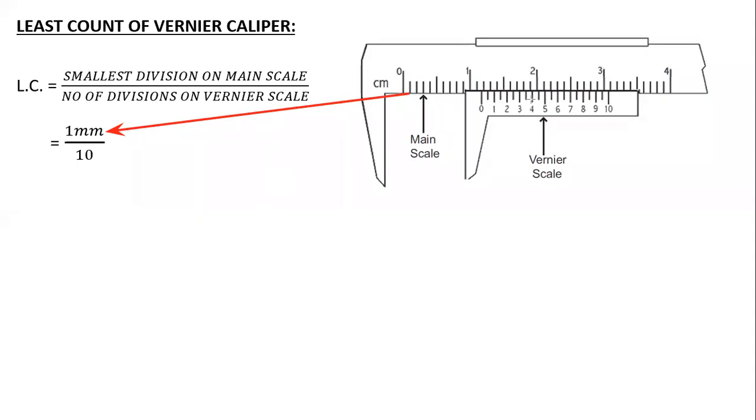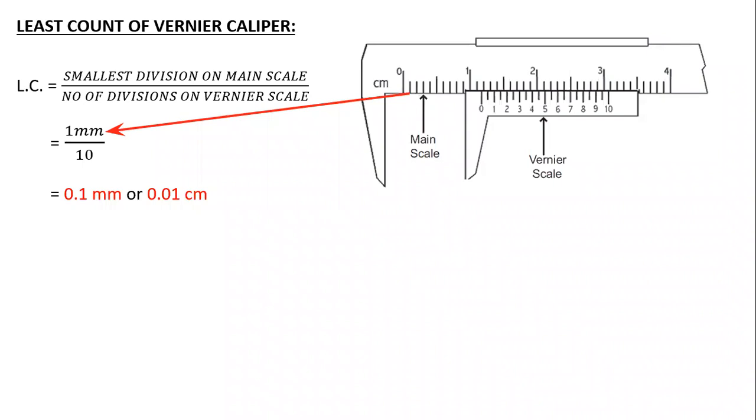And on the vernier scale we have 10 divisions. So for the vernier caliper which is being displayed right now, it has 10 divisions on the vernier scale. So the least count for this example will become 0.1 millimeter, or if we convert into centimeter, 0.01. Means the minimum value which a vernier scale can measure is 0.1 millimeter.